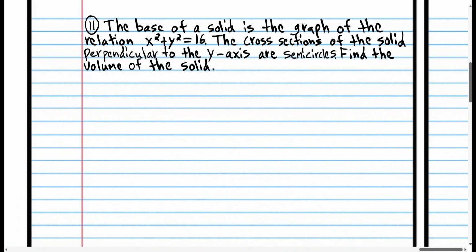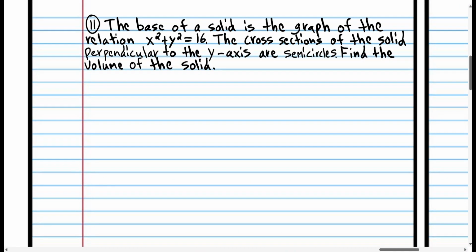Now for 11, there's going to be a dy integral because your cross section is going to be perpendicular to the y-axis. And be aware that this here is going to be a circle centered at 0, 0, and the radius is going to be 4. So try number 11. When you come back, we'll do it together.